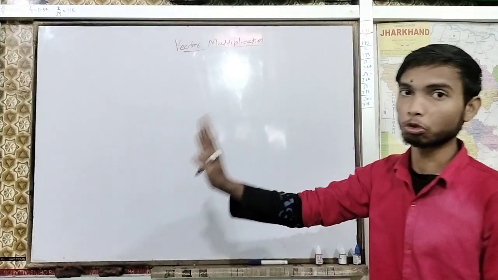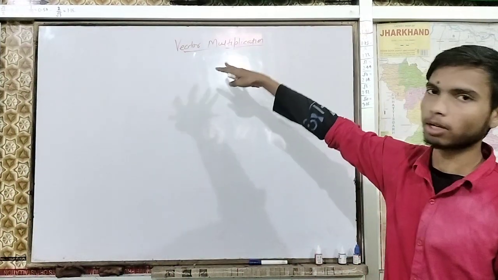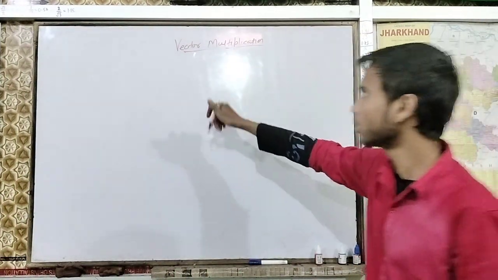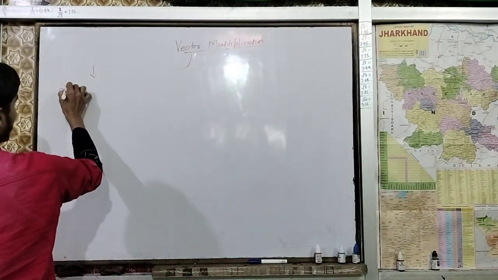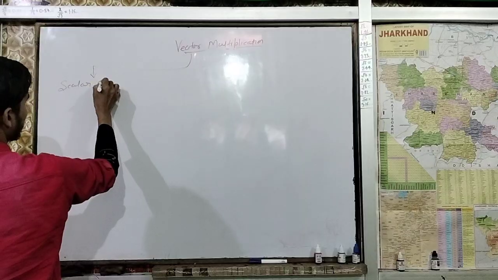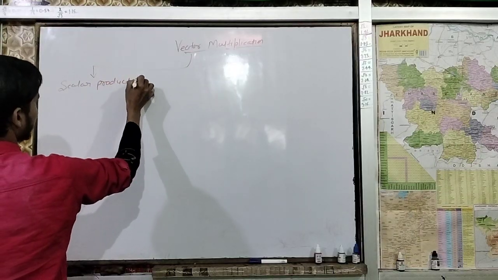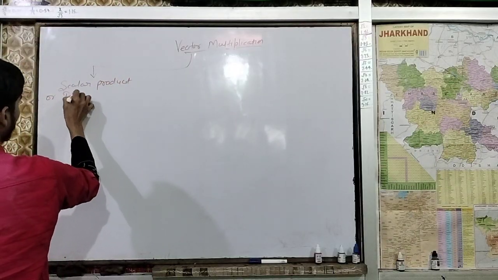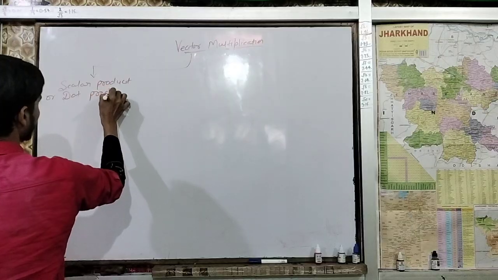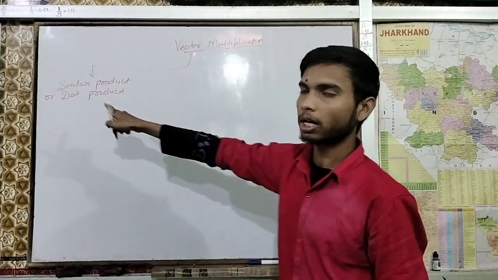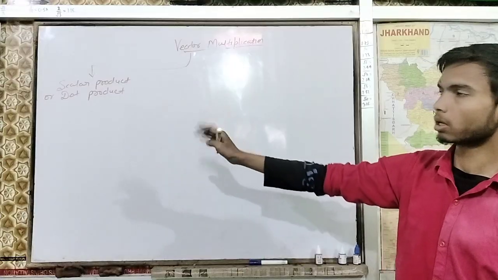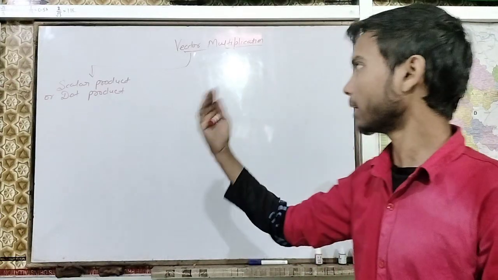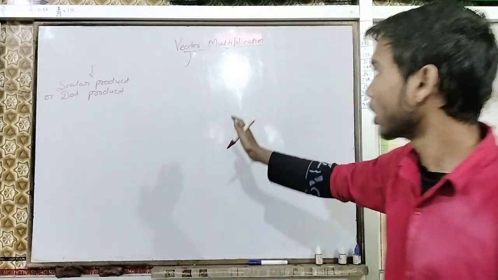It is divided into two parts. One will be a scalar product, or you can call it a dot product.